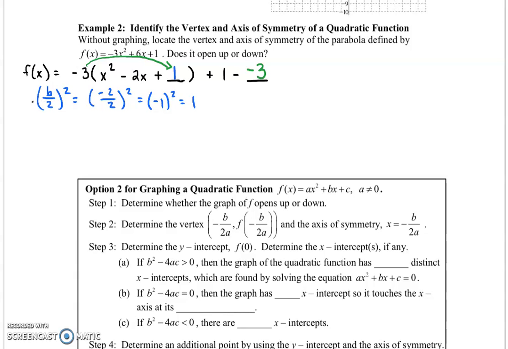So now, if we clean that up, the negative 3 stays out front. X squared minus 2x plus 1 factors as x minus 1 times x minus 1, so x minus 1 squared. And then negative 1 minus a negative 3 gives us plus 4.